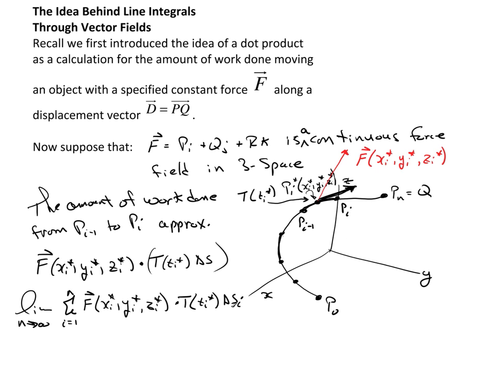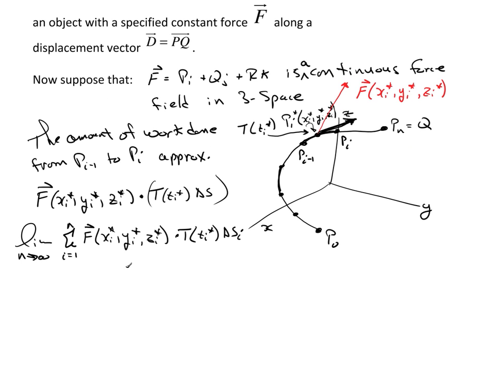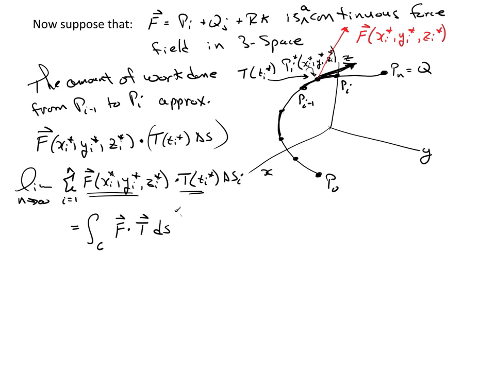But in the limit, we recognize this as simply being the integral over the curve of f dot t, where here's f and here's t, and delta s is ds. Now, this is a form of the line integral that we can actually work with.